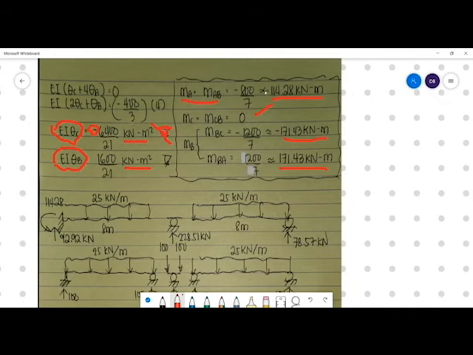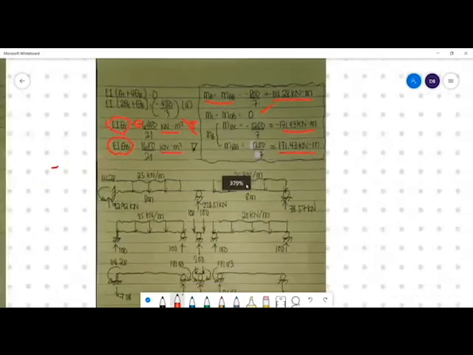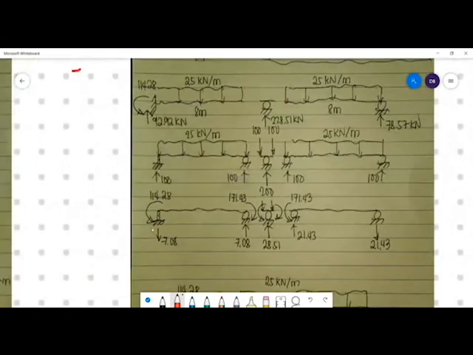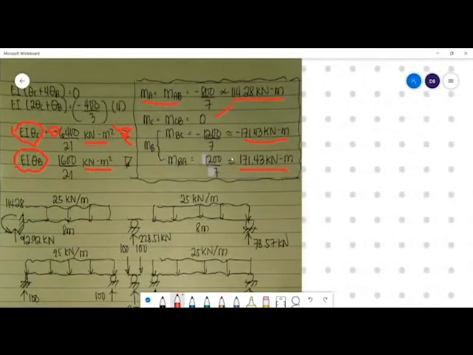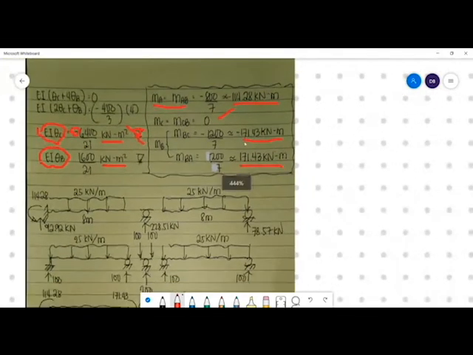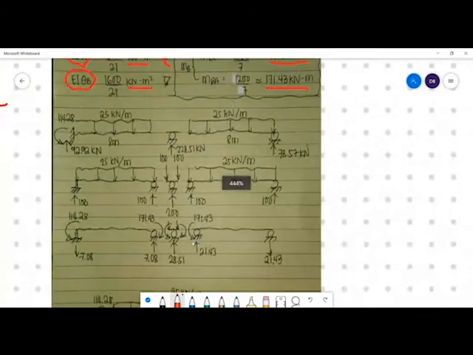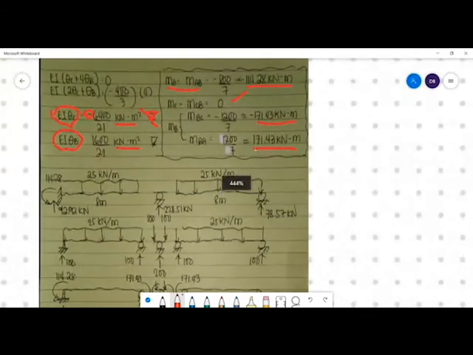So negative 114.28 is counterclockwise, and the one we got for MBC, negative 171.43, is also counterclockwise relative to the member.